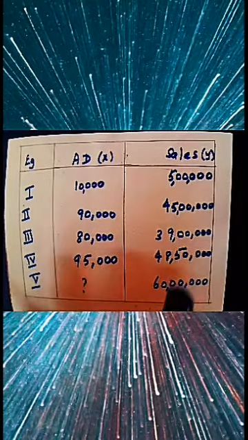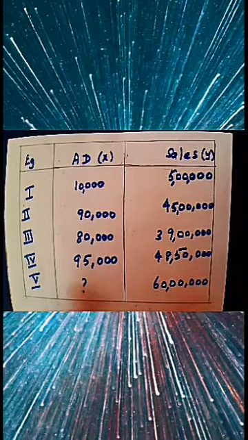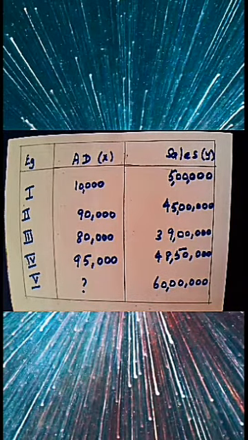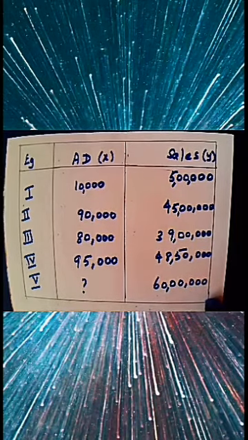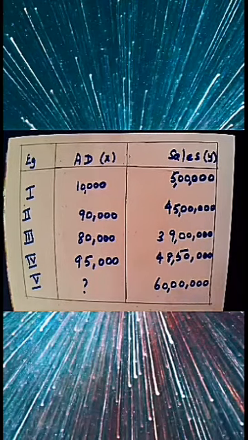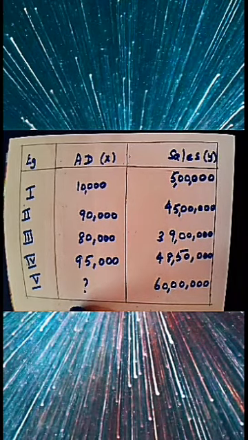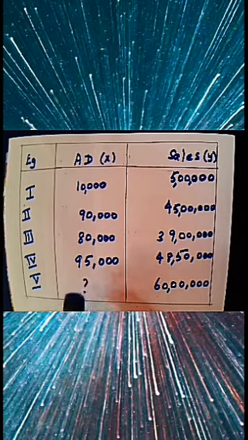These are the assumptions. Now my question is, if I'm going to make a sale of 60 lakh, how much should I invest in the advertisement? What is the money I'm going to invest in the advertisement for the 5th year?